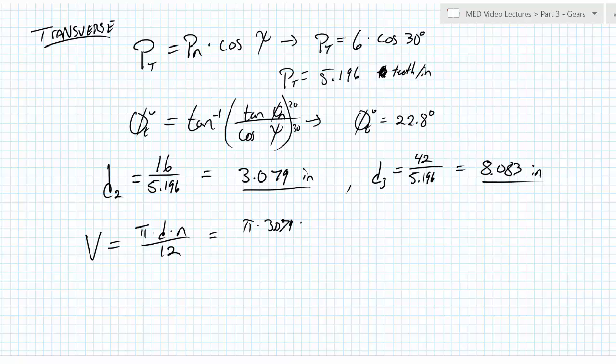If you're using the gear, use the speed of the gear. If you're using the pinion, use the speed of the pinion. In this instance, we're using the pinion, so it's 1720 divided by 12. That gives me a pitch line velocity of about 1,386.5 feet per minute.